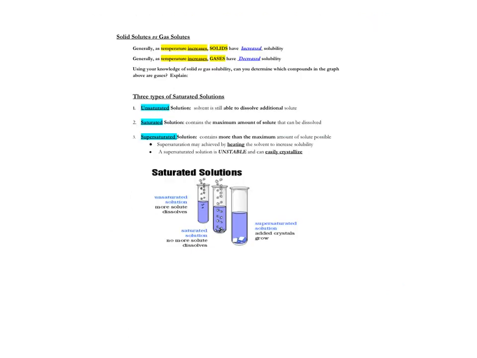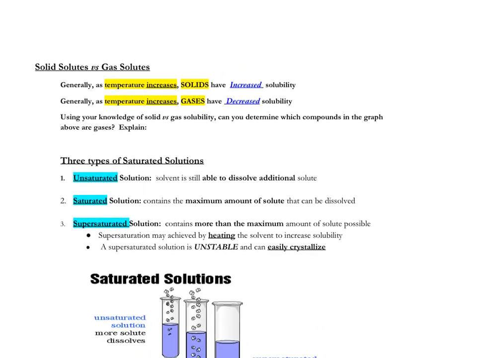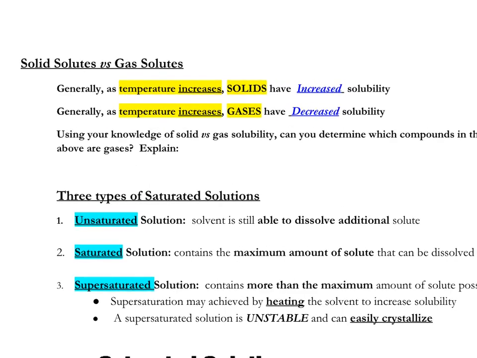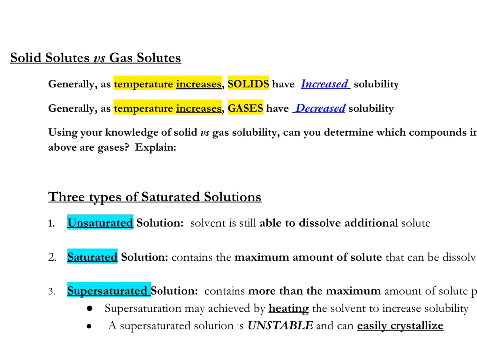It says use your knowledge here of solid versus gas solubility. Can you determine which compounds in the graph above are gases? So let's go back. It was HCl. It was NH3. And it was SO2. And I know they're gases because their solubility decreases with temperature.